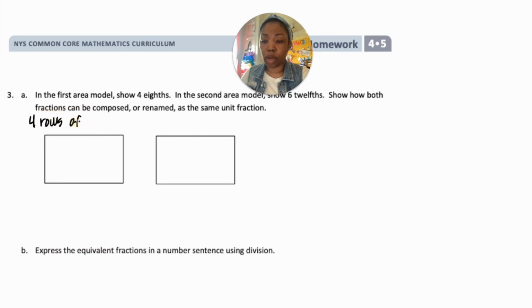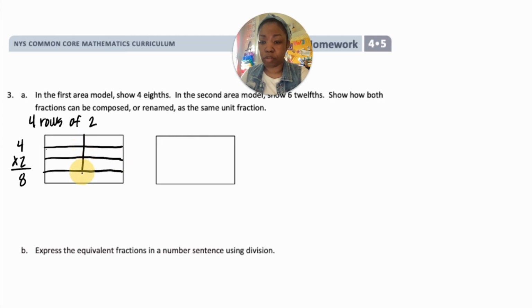I'm going to think, what times 4 gives me 8? 4 rows of 2, because 4 times 2 equals 8. So I'm going to do 4 rows. This is 2. Then I'm going to cut each of those in half to make 4 rows of 2. I'm going to shade 4 of them for 4/8.